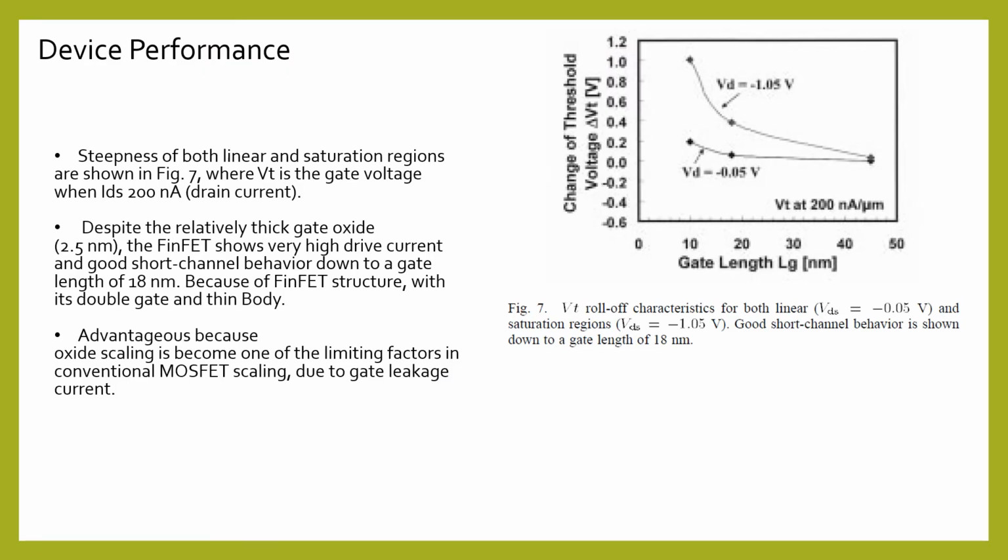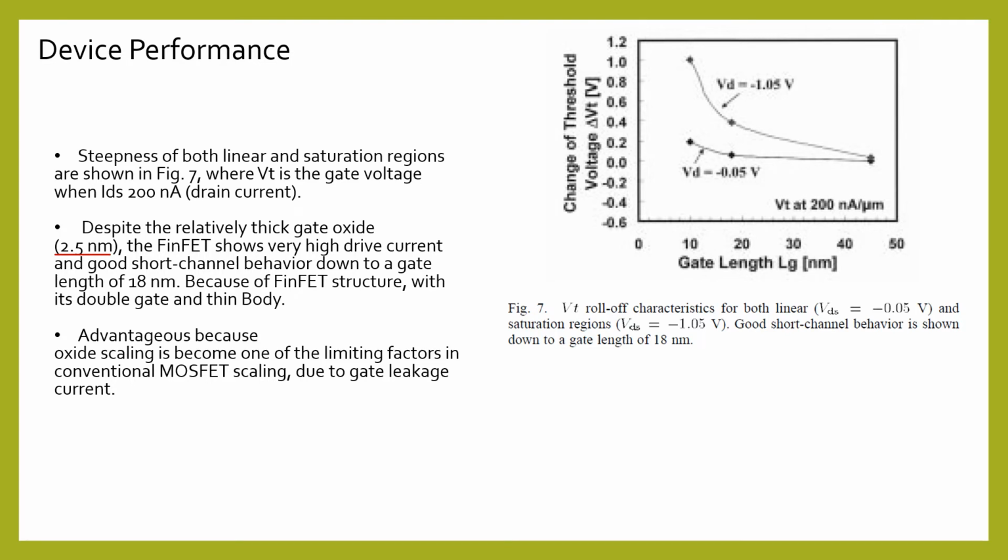Having discussed device fabrication, let us discuss device performance. In figure 7, we see the steepness of both linear and saturation regions at a relatively thick gate oxide, which is 2.5 nanometers.